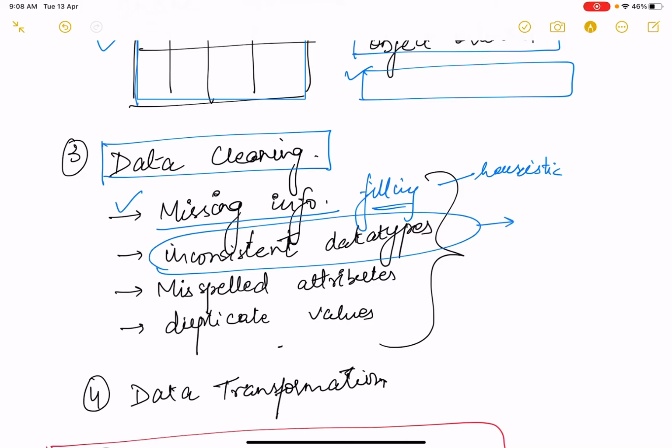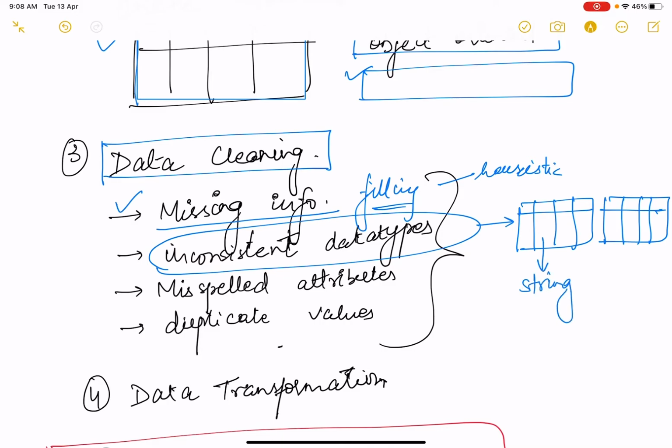That means if we have different data sets, then the information stored in them can be of different data types. For instance, this is a string, this is a float, this may or may not be a char array, this may or may not be a double.